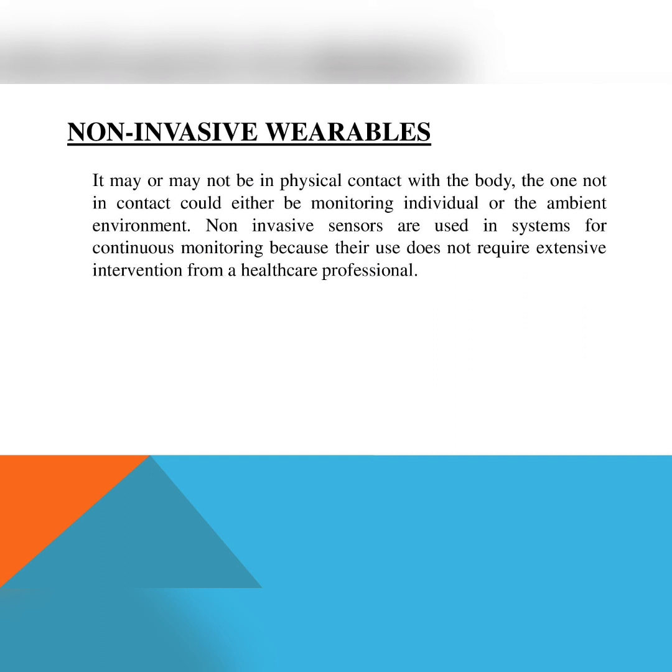Examples: a camera for capturing the scene around the wearer, or a gas sensor for detecting harmful gases in the area. Non-invasive sensors are typically used in systems for continuous monitoring, right?